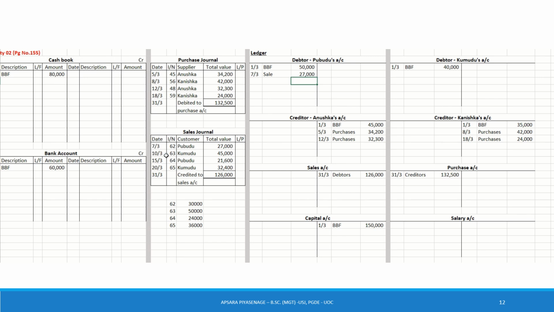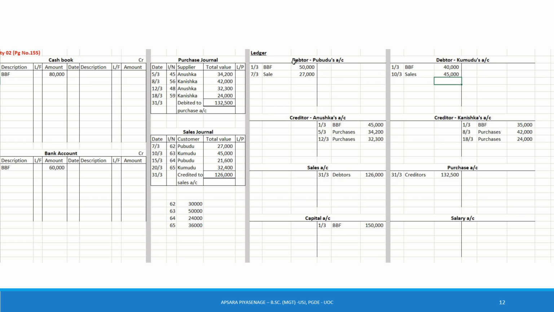Then on 10th of March to Kumudu, sales account should be credited and this debtor account should be debited. That is 45,000.